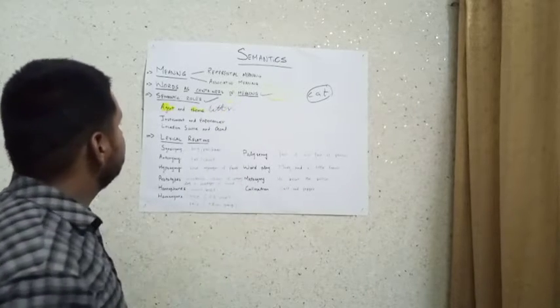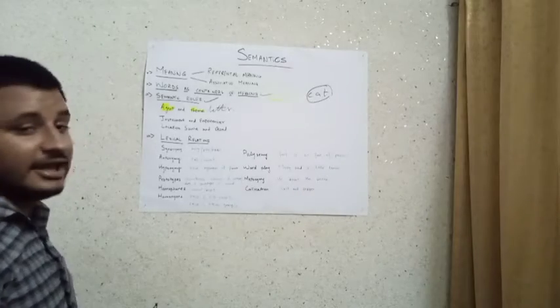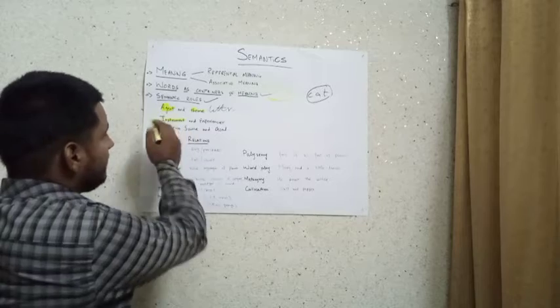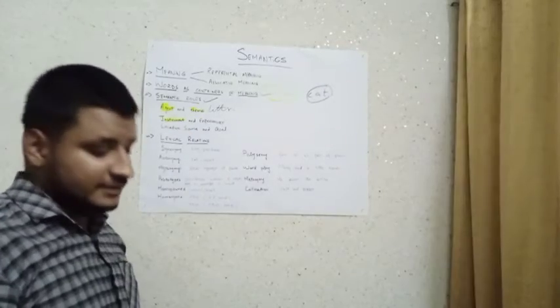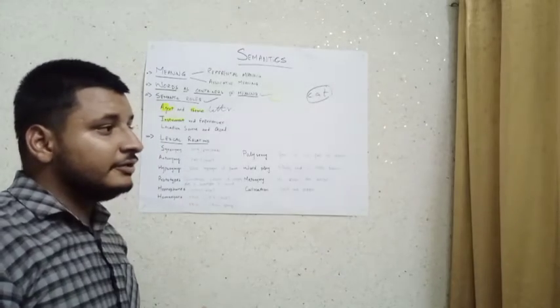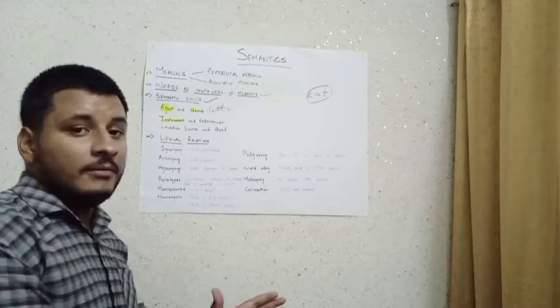Now, coming toward the second category, instrument and experiencer. Instrument is something which the agent uses as a tool to perform an action.